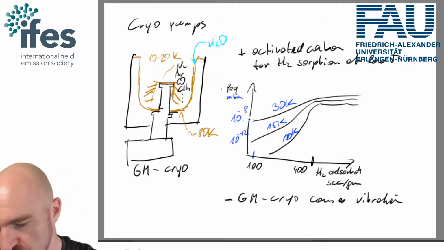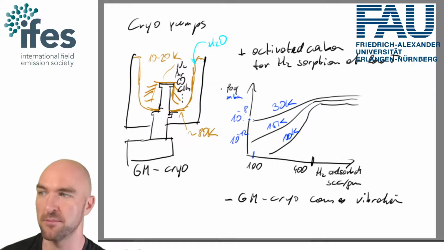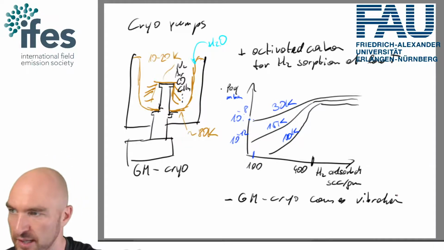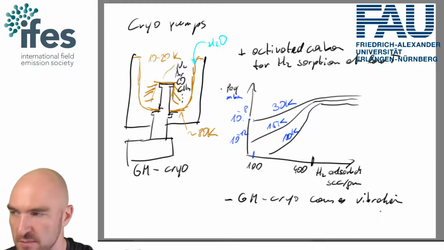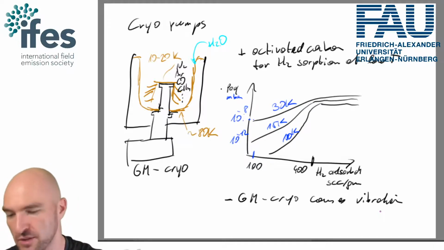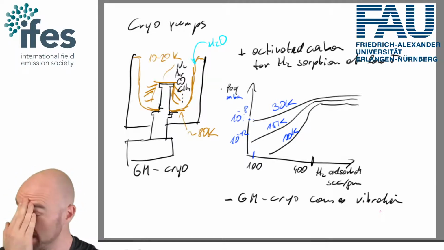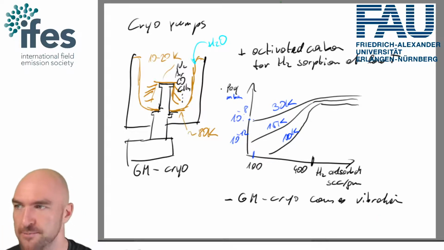And here we've just used the GM cryo for cooling, for pumping. And we have the same problem as always with the GM cryo. It will create some vibrations. So this is why we haven't used cryopumps in atom probe as much as we could. But if you build a system that's voltage only, cryopumps are actually a fairly decent option. And I believe the guys in Rouen in France have used or are using cryopumps in their systems.